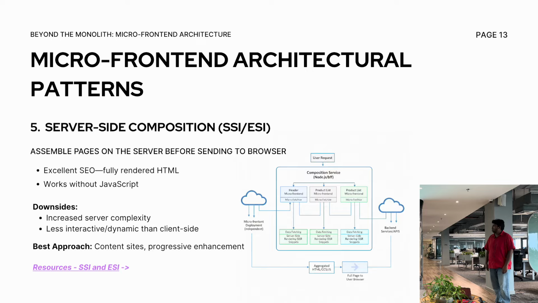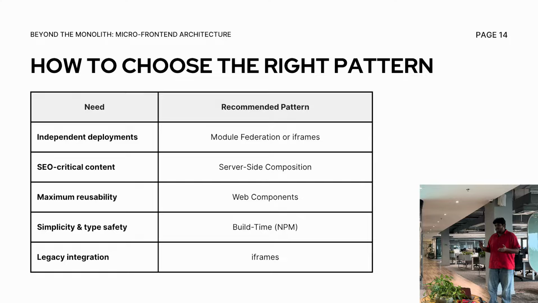Apart from that, I have now given you 5 types of patterns in micro-frontend architecture. When it comes to our needs, we have to choose the right pattern for our product or project. If we are focusing on independent deployments, the best pattern will be module federation or iframes.